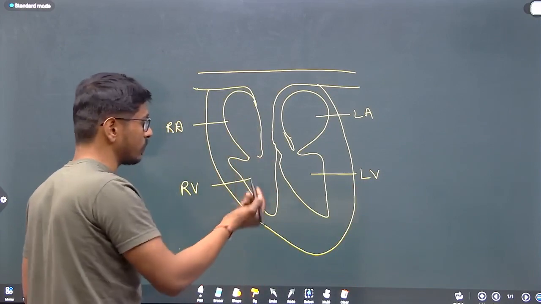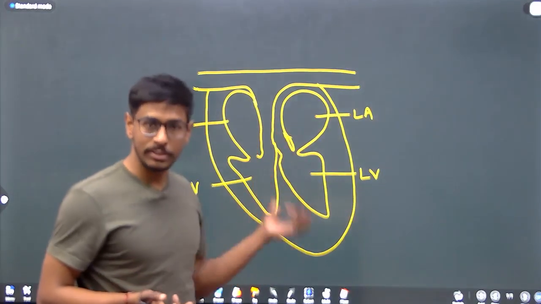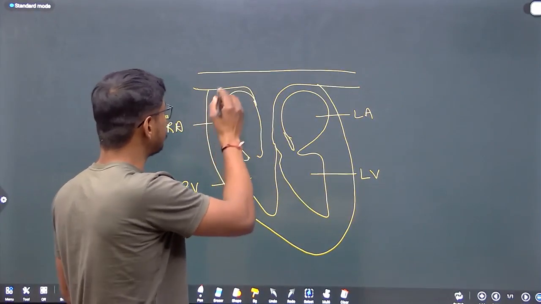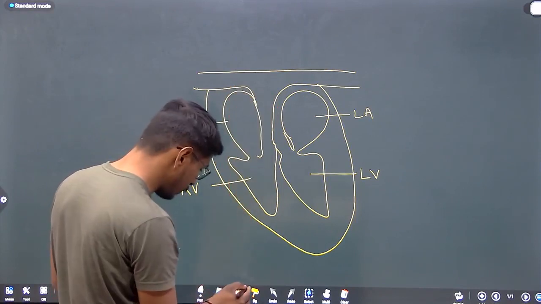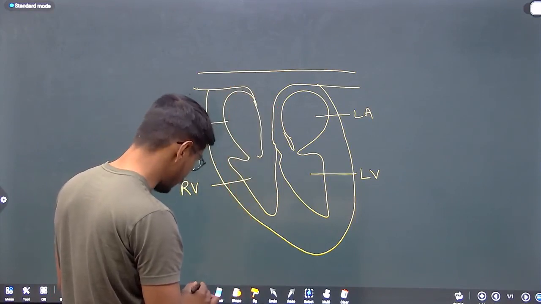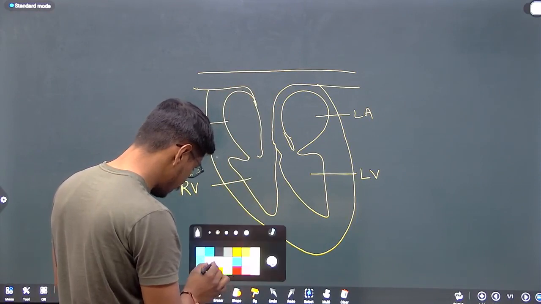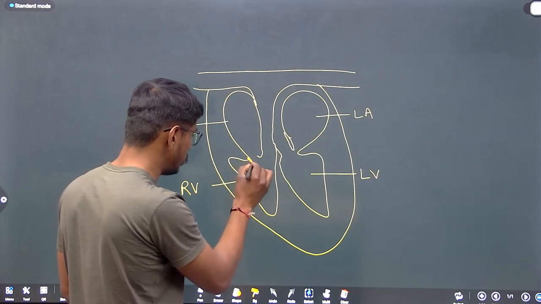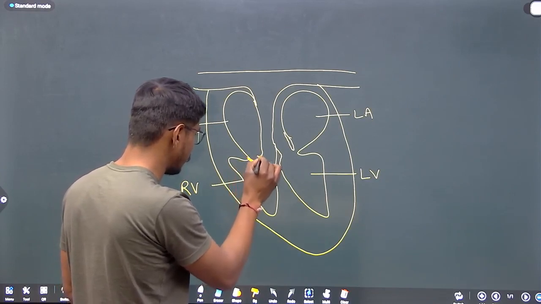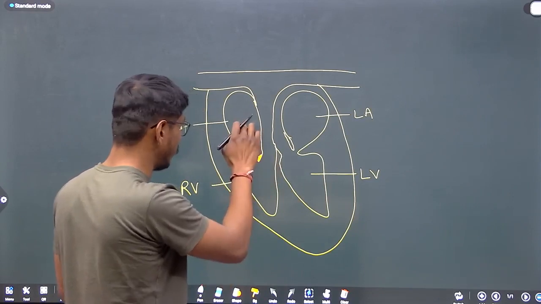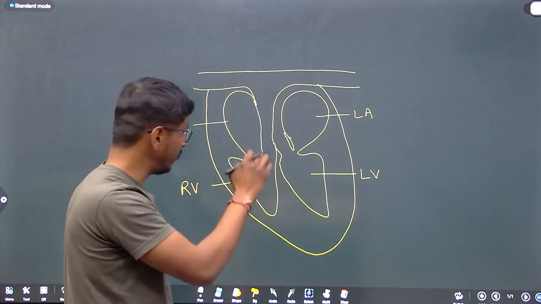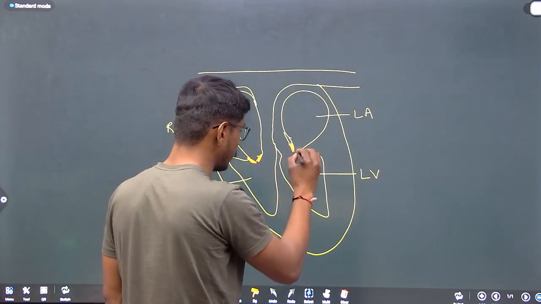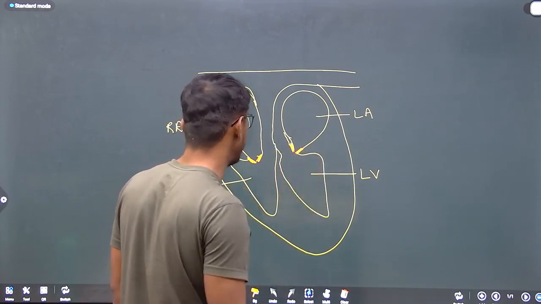Now these are the 4 chambers, but what else do we have in the structure of the heart? We have many things. For example, we have certain valves here. Let me draw them in a different color. We have 2 valves here, between this ventricle and this atrium. In the same manner, we also have a valve between the left atrium and left ventricle.